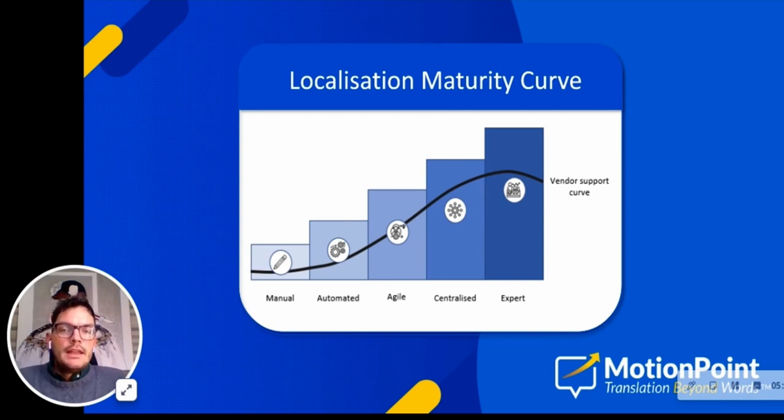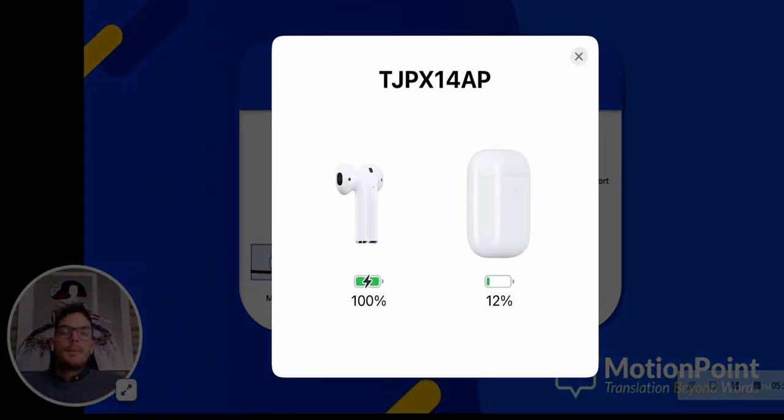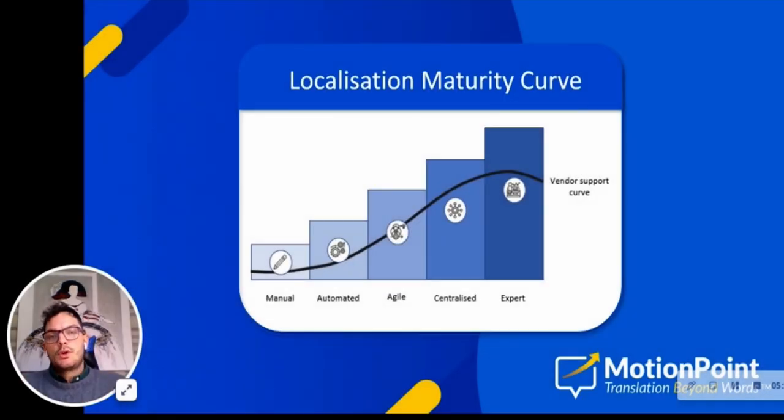You'll probably have a couple of team members that have maybe 25% of their job role taken up with localization. And it's an important part of the business that most importantly returns some kind of ROI. This is a process where you're starting to learn how you can take this process in-house whilst using vendors to support that, which brings us on to the next stage of expert.